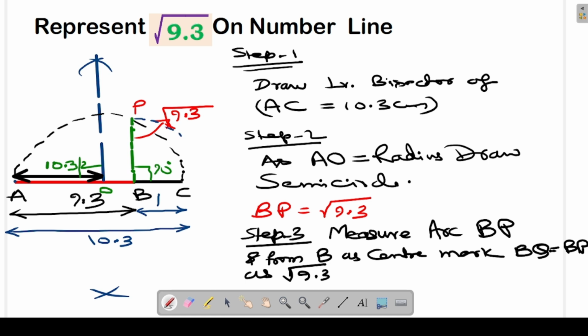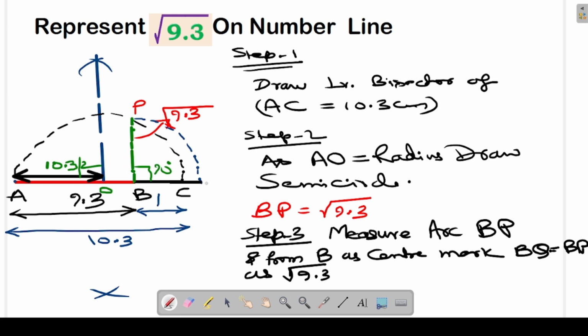So as I said, just mark this. I have taken different colors so that you will be able to understand. So extend the length of AC from C to this point, and the extended last point is Q, right?